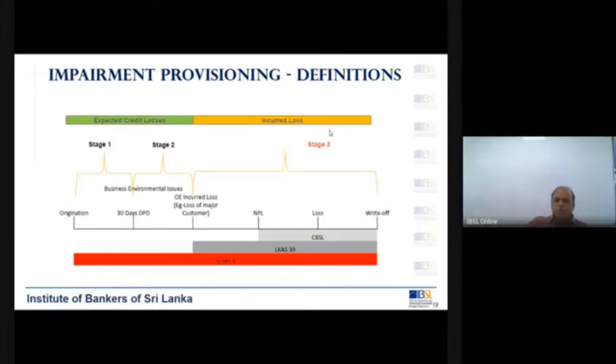So now what happens? As long as this borrower pays the loan on time or before time, or maybe even after the time period, still we are not much worried. As long as the borrower is paying, we call it servicing. As long as the borrower is servicing the loan, we are not bothered, right?